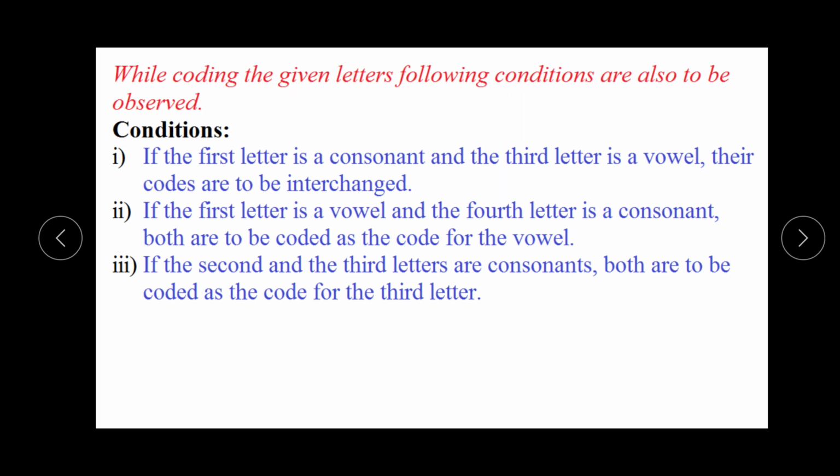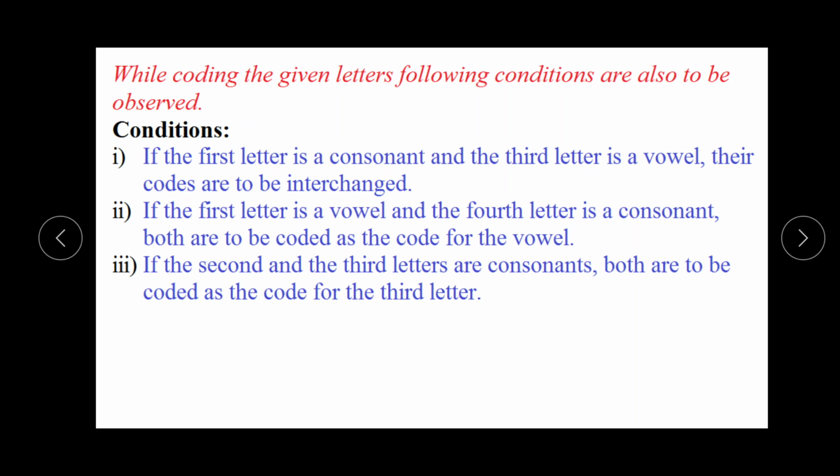The third condition is that if the second and third letters are consonants, both are to be coded as the code for the third letter. It means if in the given word the second and third positions are consonants, we will use the code for the third letter. The third letter's code we will use at the second position also and at the third position also.